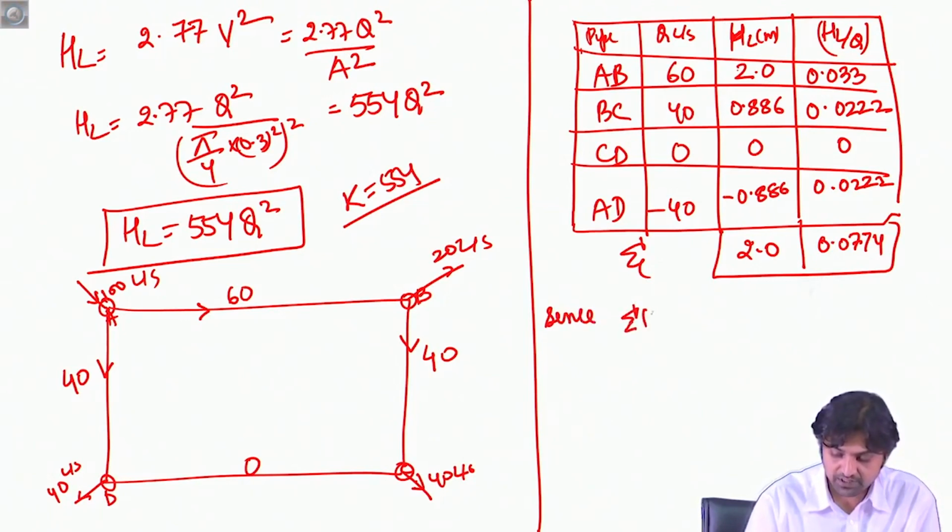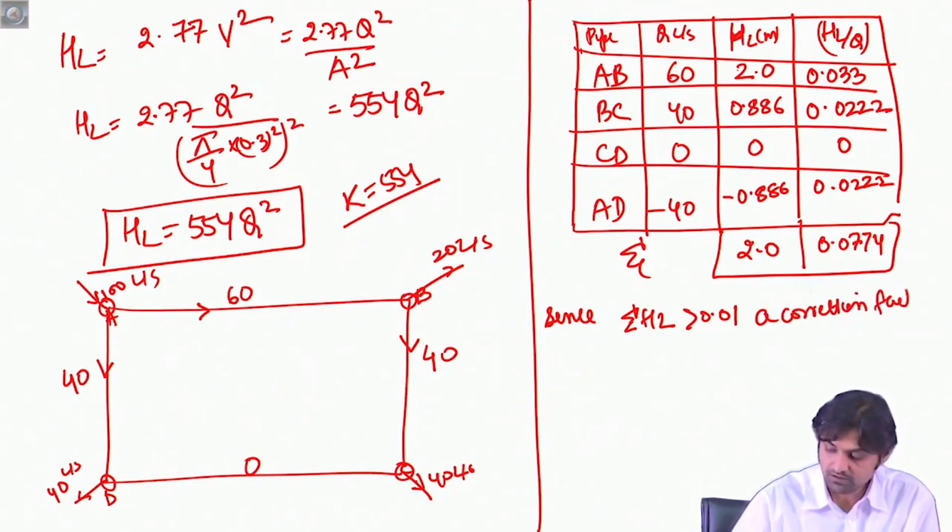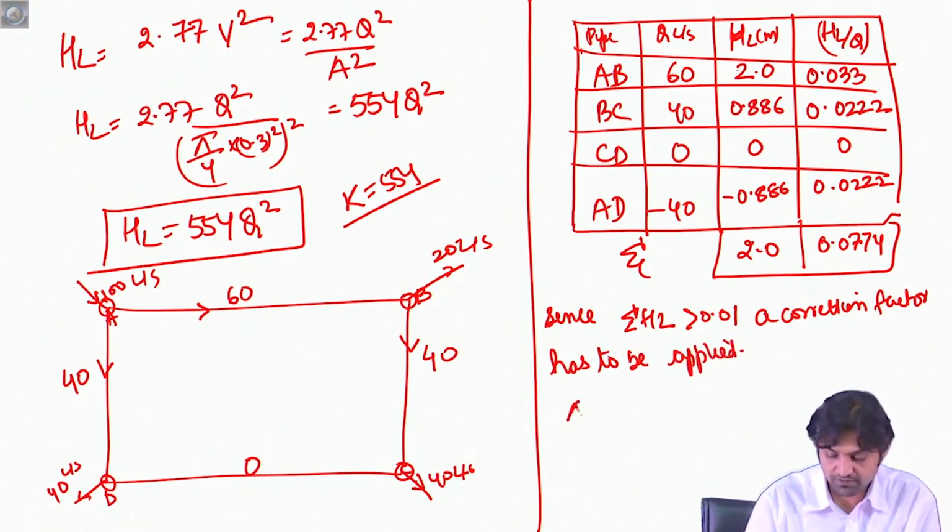Since the sum of head loss is greater than 0.01, a correction factor has to be applied. And what is that correction factor?